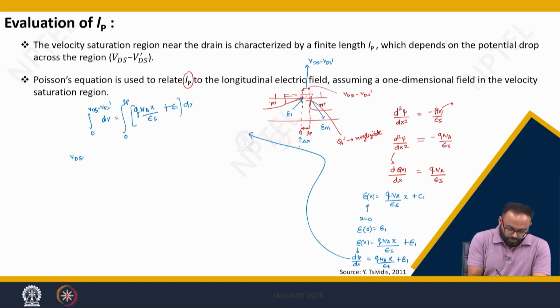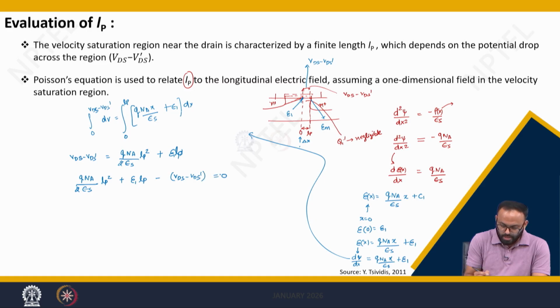So, this will give you a quadratic equation. The left hand side will give you VDS minus VDS dash, and the right hand side will give you q into Na divided by epsilon s into LP square by 2, plus E1 into LP. Correct? We can rewrite this equation as q into Na divided by epsilon s into LP square by 2, plus E1 into LP, minus (VDS minus VDS dash) is equal to 0.